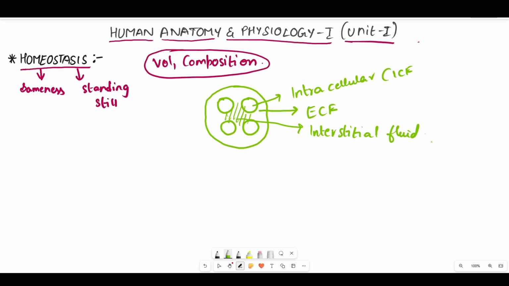Why is it important to know these fluids? Because here the ECF plays a major role, because this is serving as an internal environment.